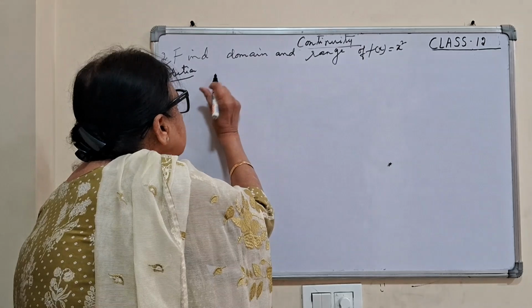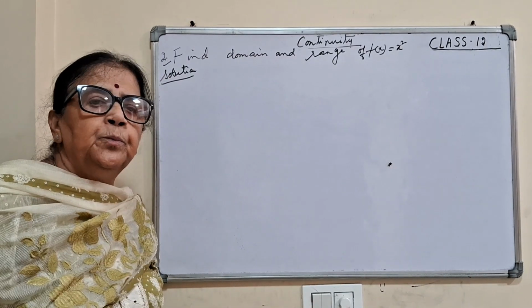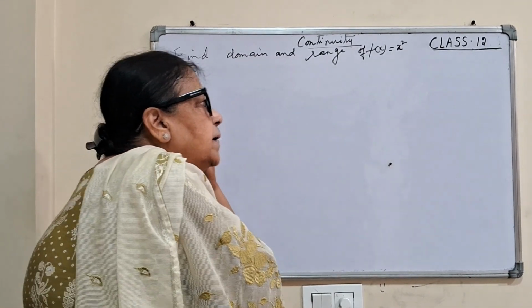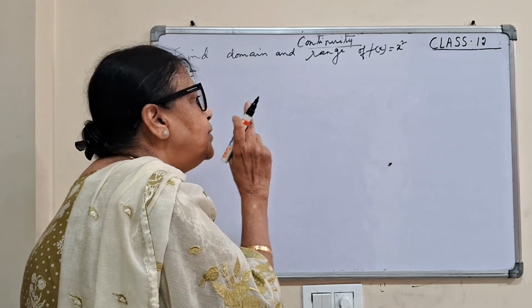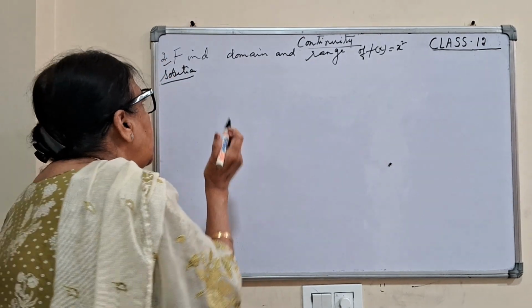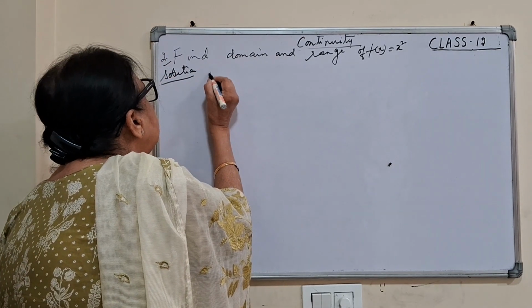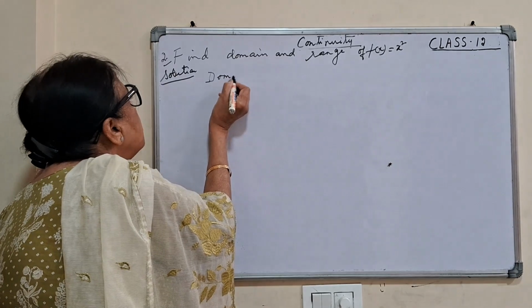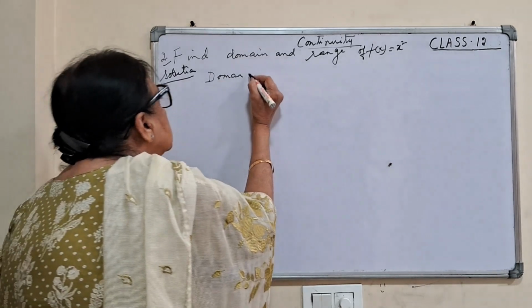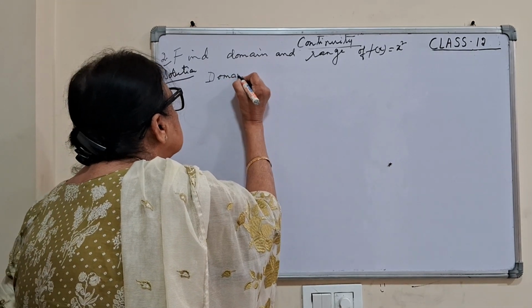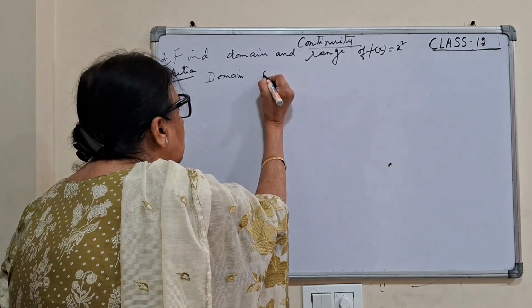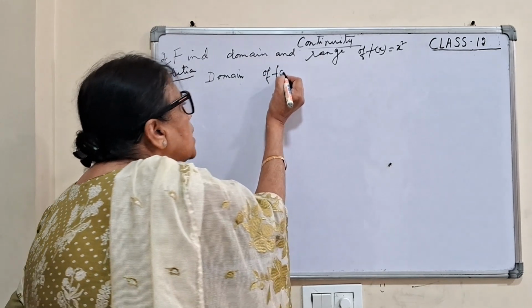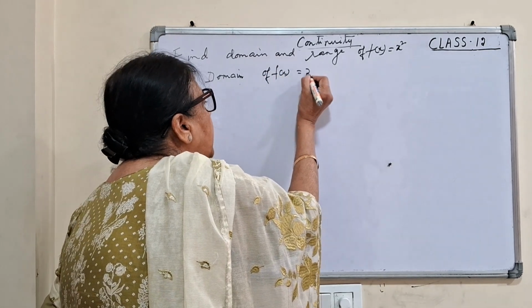Now I have given another sum: find the domain and the range of f(x) equal to x square.